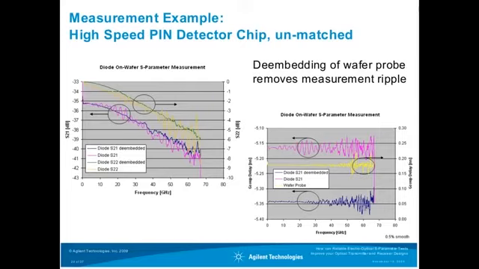You really see on the green curve that the impact of the wafer probe is effectively removed, whereas in the yellow curve you still have the big issues of the reflections by the wafer probe. Similarly, also in the S21 characteristic, the blue one is effectively removing the effect of the wafer probe.